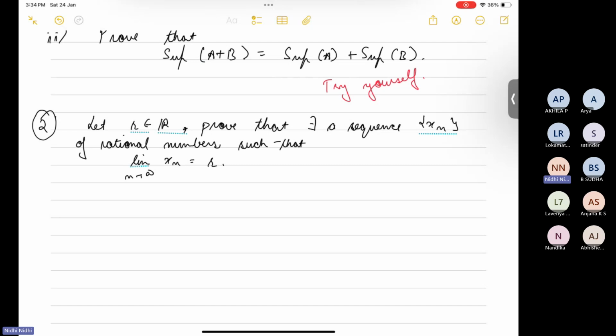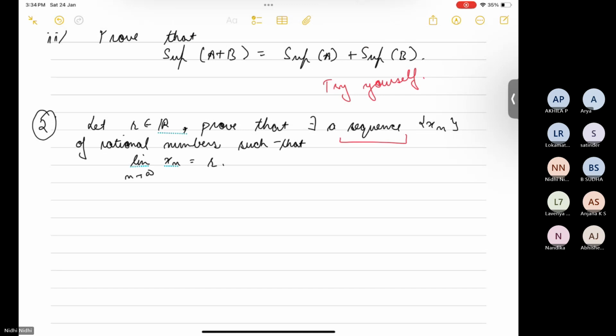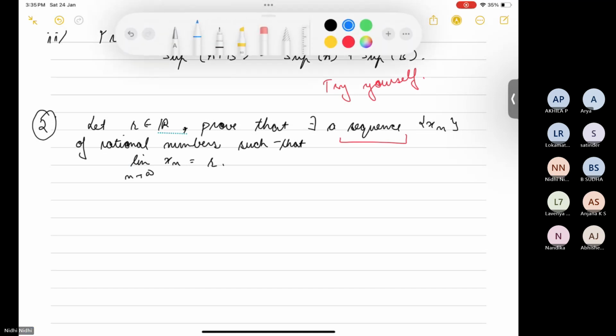So please tell me, are you all familiar with the term sequence? Okay. So can you just give me an idea what do we mean by sequence?